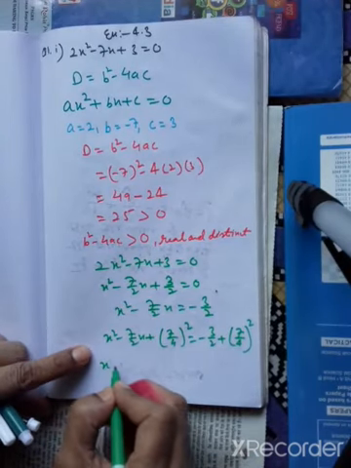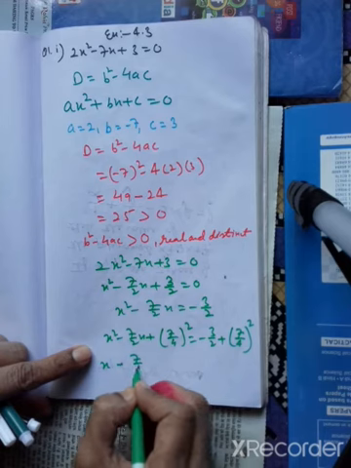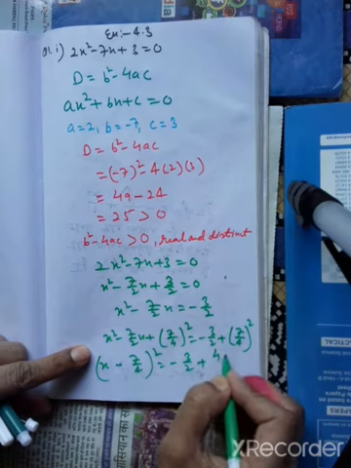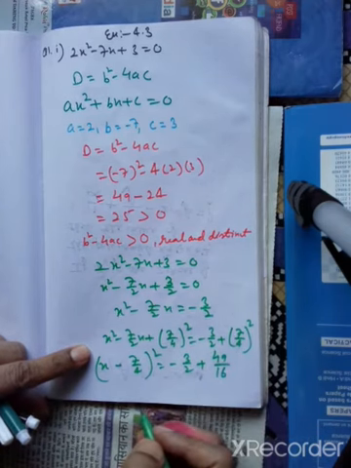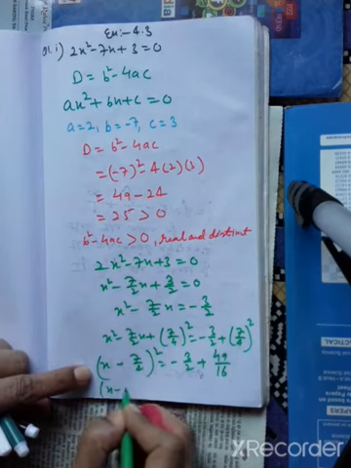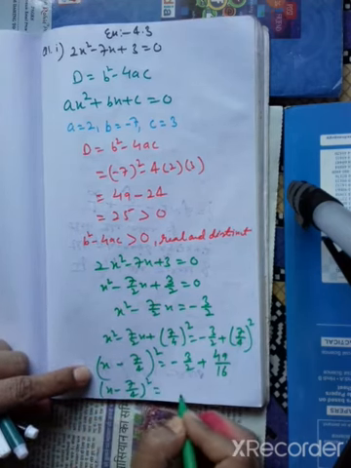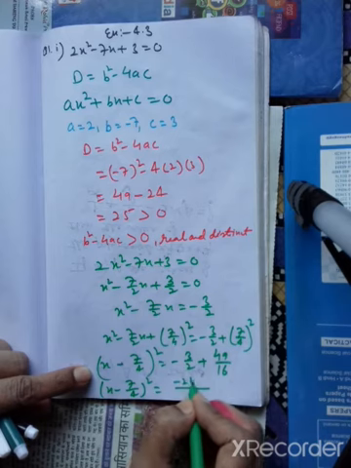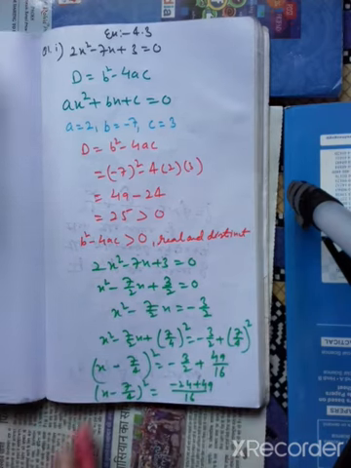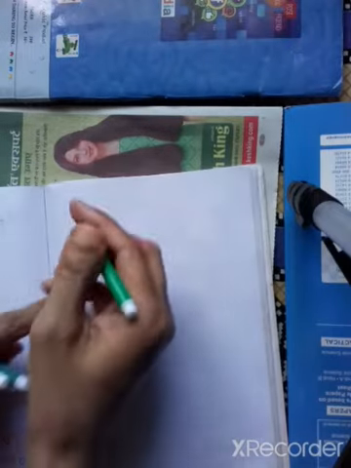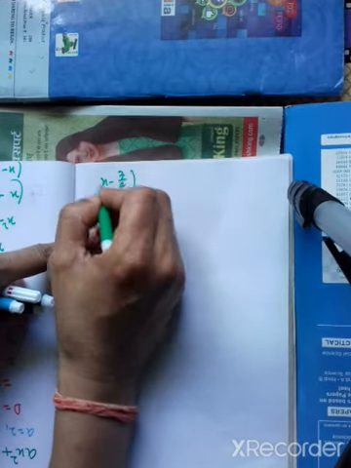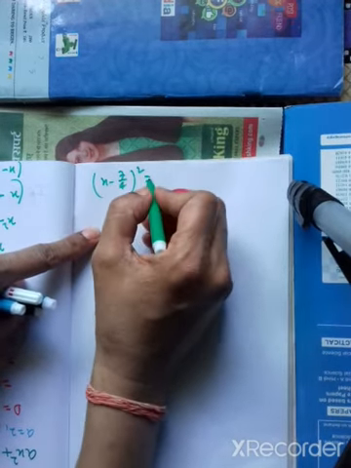So this is a square plus b square minus 2ab, which is a minus b whole square. Here b is 7 by 4, so the left side is x minus 7 by 4 whole square, equals minus 3 by 2 plus 7 square, which is 49, over 4 square, which is 16. Taking LCM 16, 2 times 8 is 16, 8 times 3 is 24, so minus 24 plus 49.